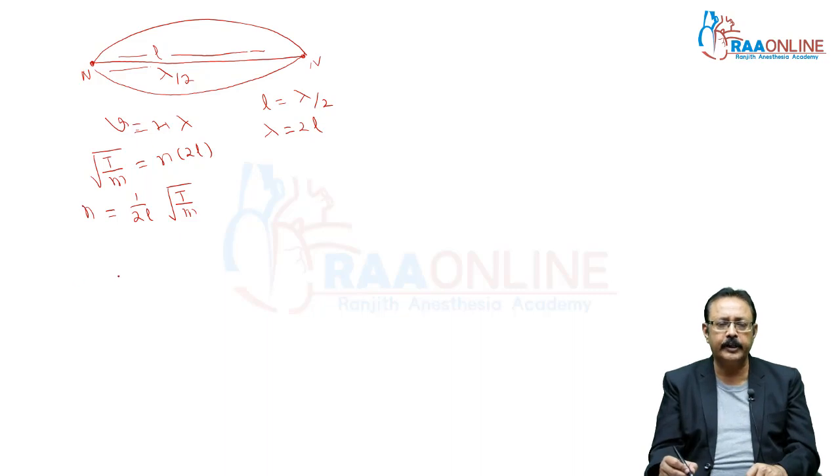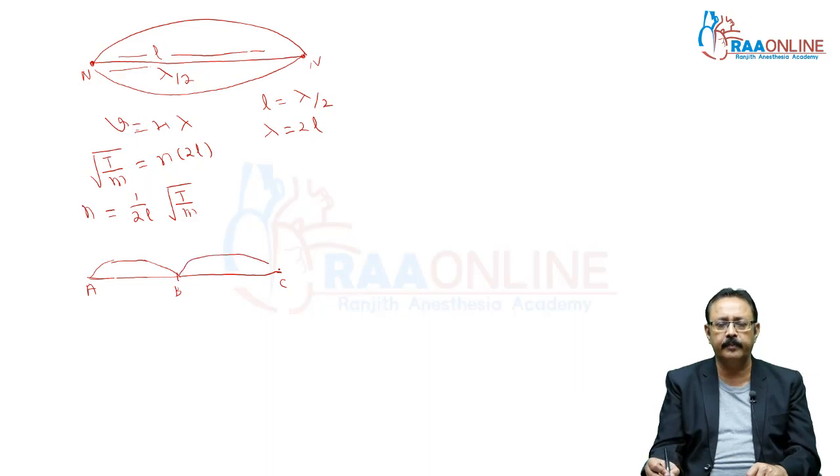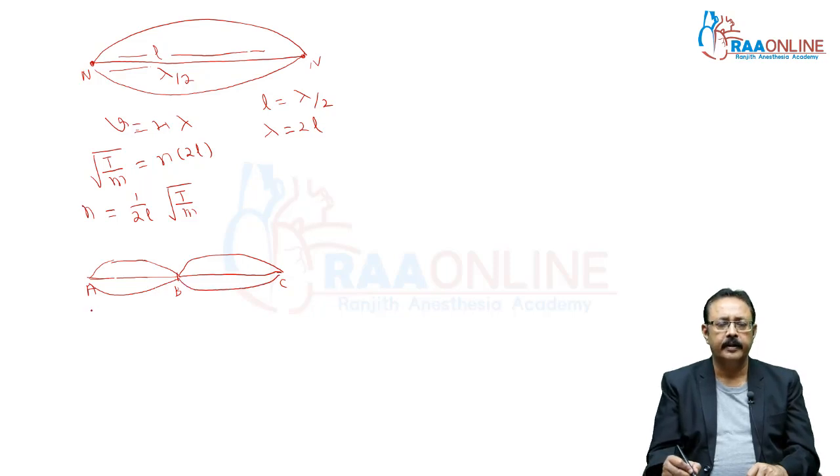But if you fix your sonometer wire at 2 points, this and this, at A, B and C, now it will vibrate like this, by making 2 loops. Now on the length of your sonometer wire, it is node, it is node, it is node.